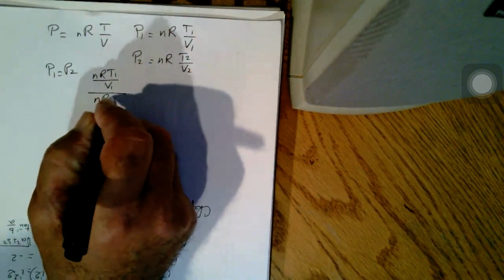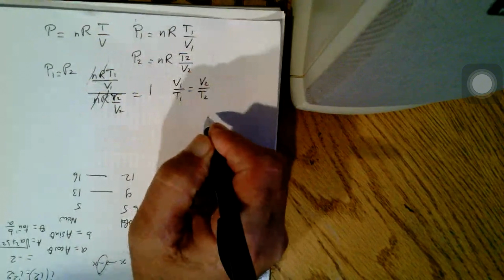So NRT1 over V1 divided by NRT2 over V2 has to be equal to 1, because P1 over P2 is 1. They're equal, so the N and R can cancel. And so what I have is V1 over T1 equals V2 over T2.